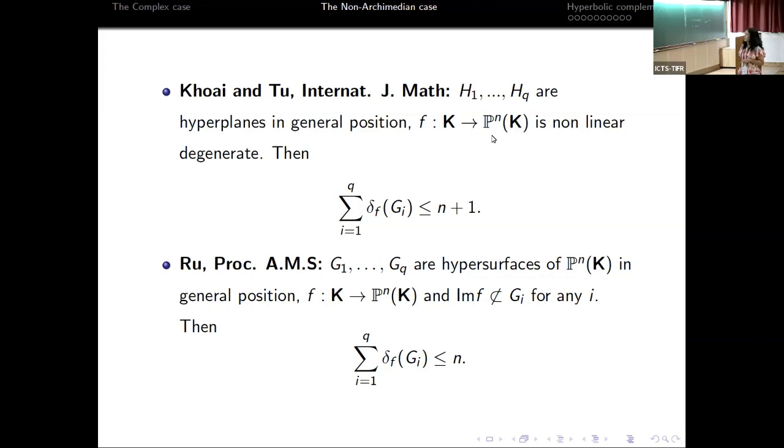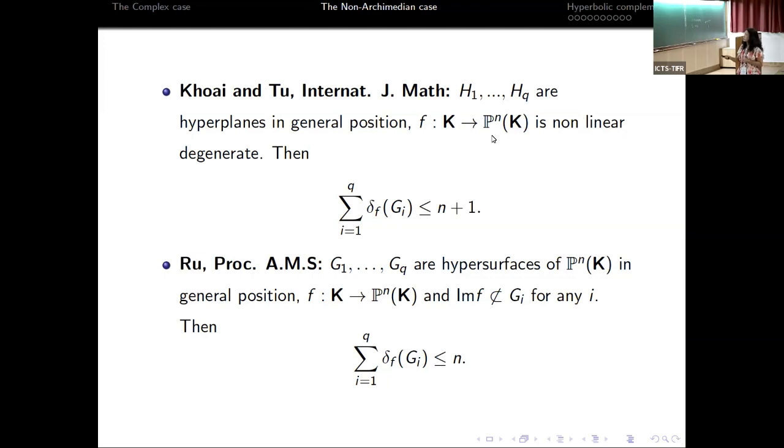Okay, and in 2004, Ru also considered the hypersurfaces D_i in general position, and the bound here is replaced from n plus 1 in complex K by n in non-Archimedean K. Remember, he only considered projective space.